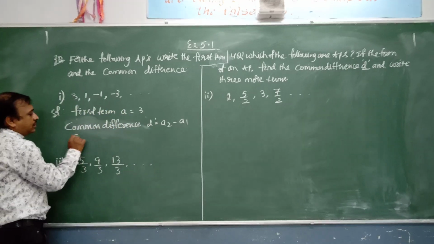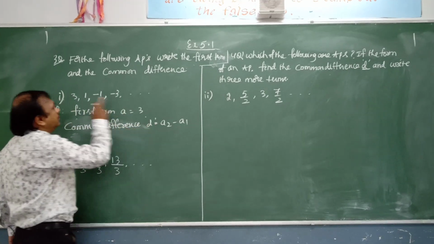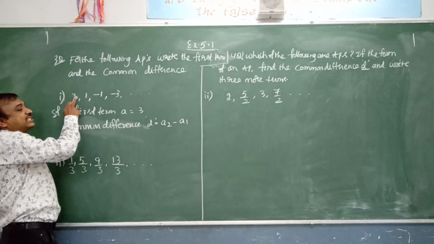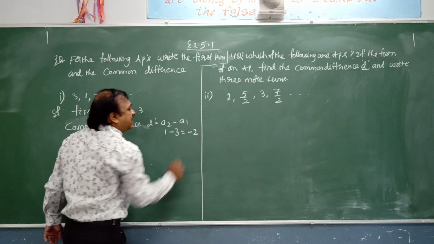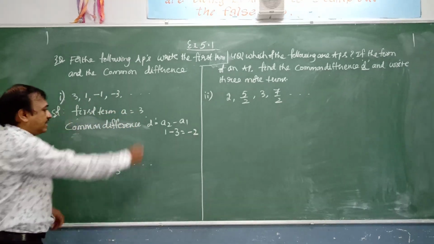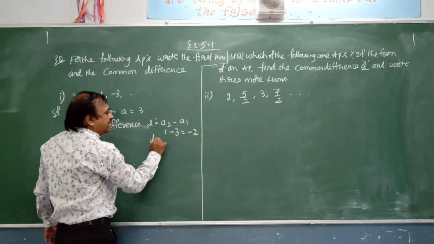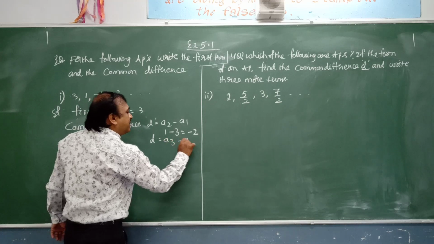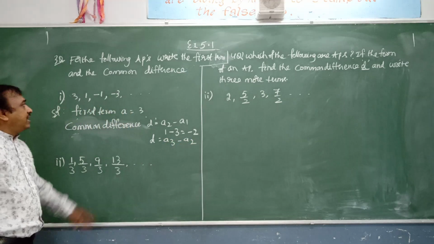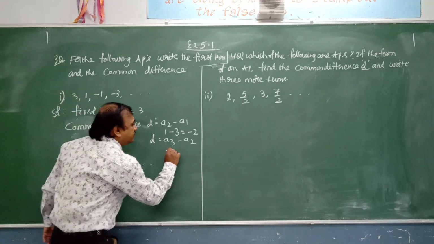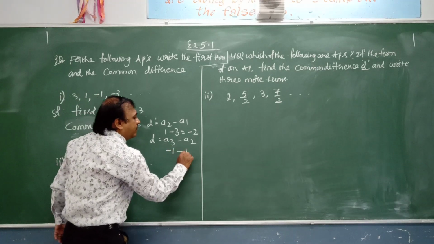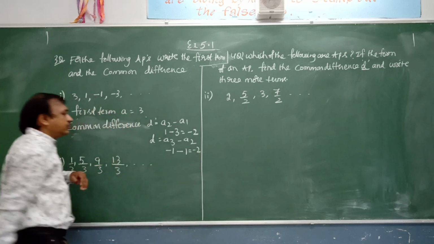What is term 2? 1 minus 3, which will give you minus 2. Next, D is equal to A3 minus A2, minus 1 minus 1, which will give you minus 2.